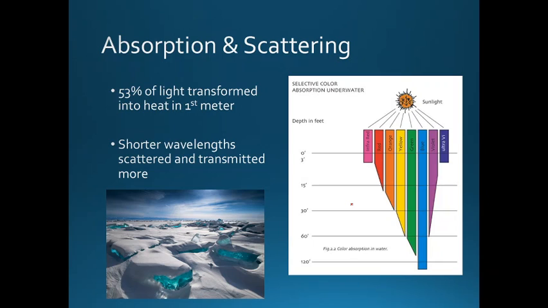So if the light then penetrates into the water, most of that light is transformed into heat in the first meter, right? We don't usually think of a flashlight having heat. But a little trick you can do is take a Sharpie and draw on your skin a little bit, let it dry out, and then draw again.